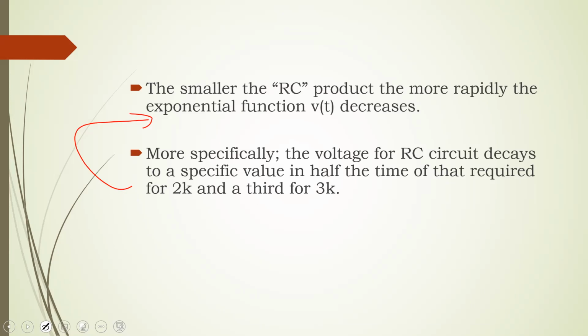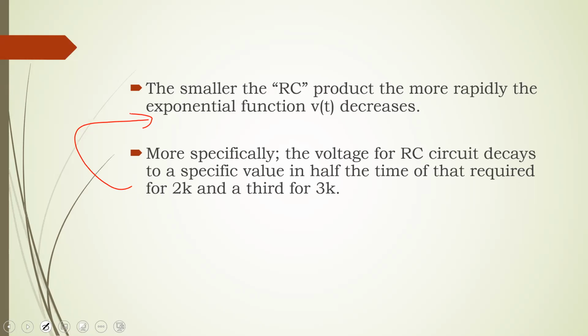So in other words, that K value for RC equal K, whatever value that has, if I were to double K, then that would cause the time to be also doubled. So in other words, at K, it would have done so in half the time.